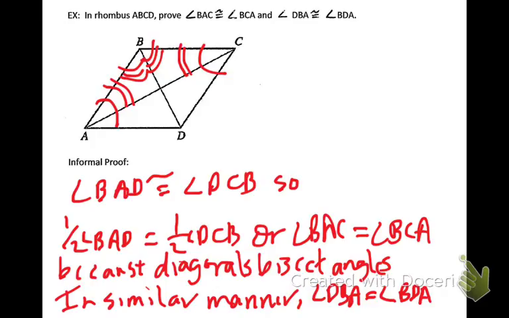All right, so let's review the characteristics we learned today. In a rhombus, we know rhombuses are parallelograms. The diagonals are perpendicular to each other. The diagonals bisect the opposite angles.